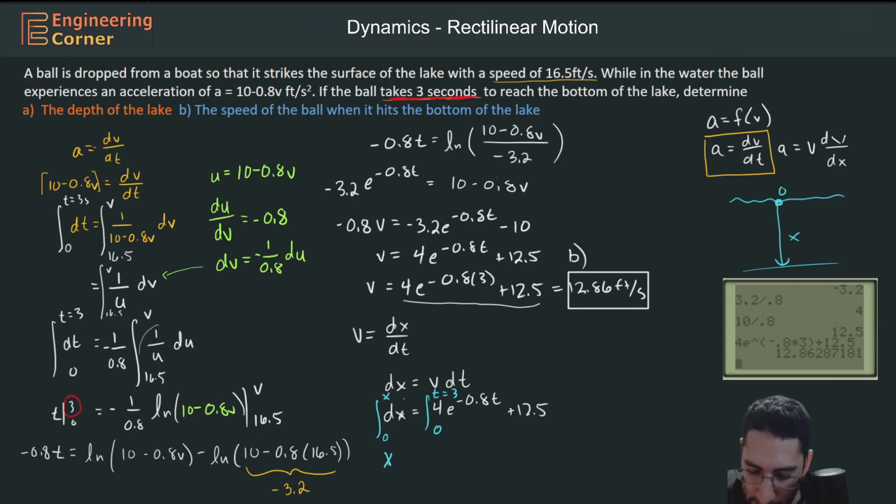Okay, so, right, this one becomes easy. This is just x is equal to, well, what do we have here? We have an exponential. So when we take the integral of an exponential, we're going to have 4 divided by minus 0.8 e to the minus 0.8t plus 12.5t evaluated from 3 to 0.